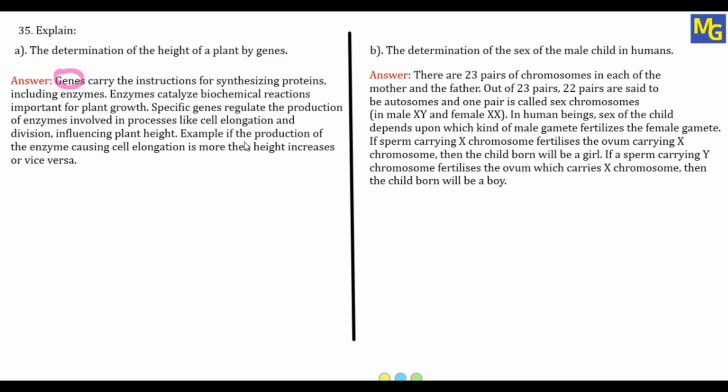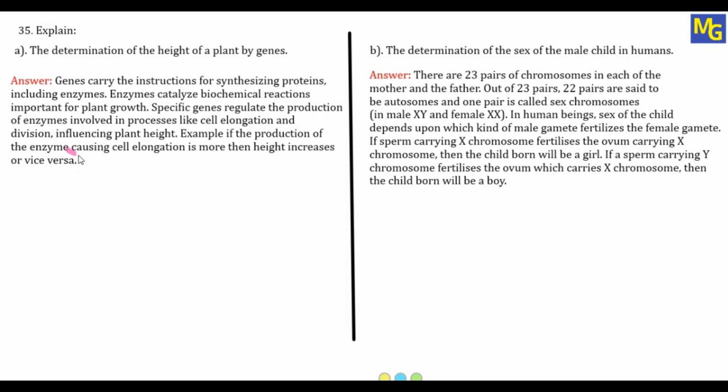So therefore we can say like this: if the production of enzyme causing cell division is more, then the height will increase. Means the enzyme which is responsible for cell elongation should be secreted, then only the height will increase. And for that enzyme, the gene which is responsible, that should give the instruction. So if the gene gives the instruction, enzyme will be secreted.